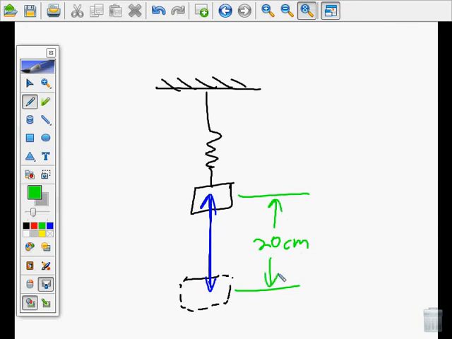Then what would the amplitude of the vibration be? Samantha? Yeah, it would be 10 centimeters because you would have to put in the middle line.